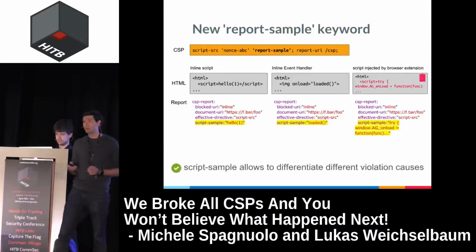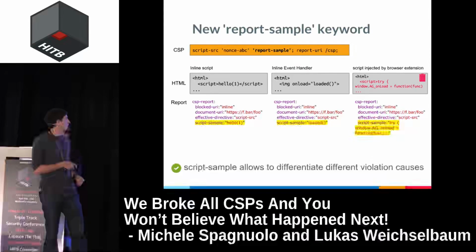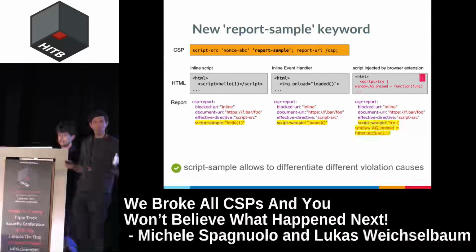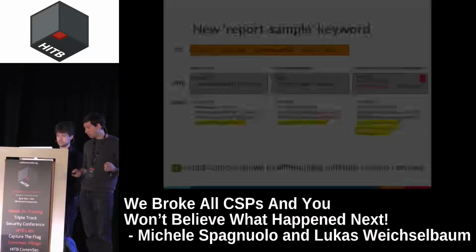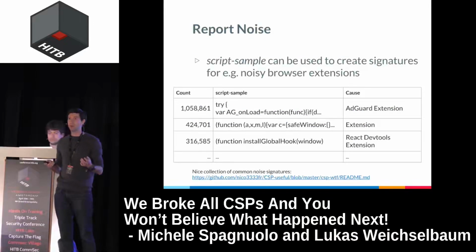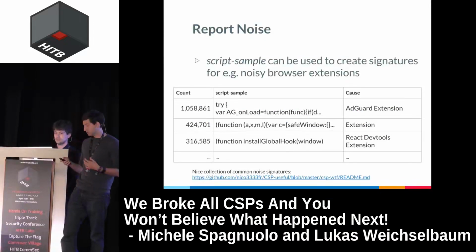With the script-sample keyword, this is different now. If you add this to the policy, you also get the first 40 bytes of the script that was blocked. This is really handy, because you can then take this value and either search your code base for it and confirm that it was actually your code, or you can build up signatures for common extensions that inject stuff.